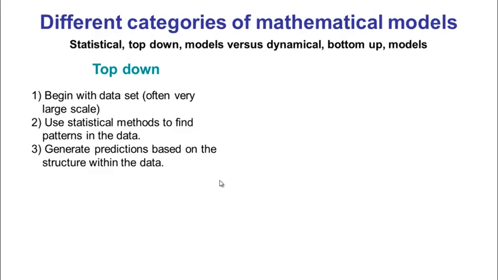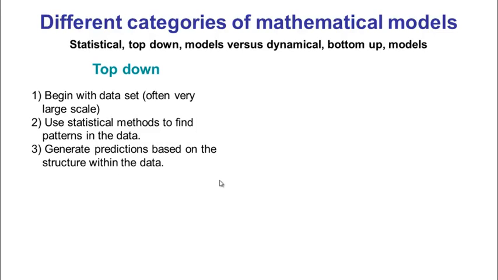Well, the approach you take in a top-down model can be summarized as follows. You begin with a data set, and often a very large scale data set, the kind that you might get in a genomics experiment or a proteomics experiment. Then you use statistical methods to find patterns in that data set.